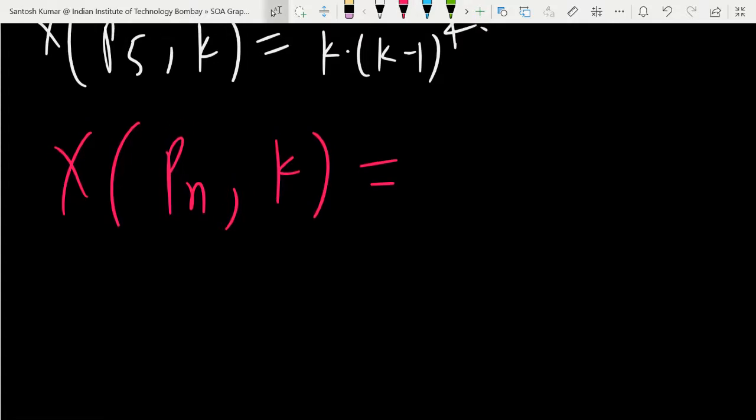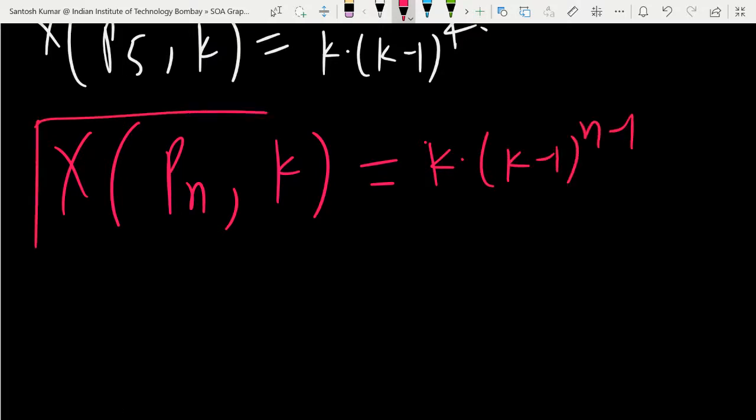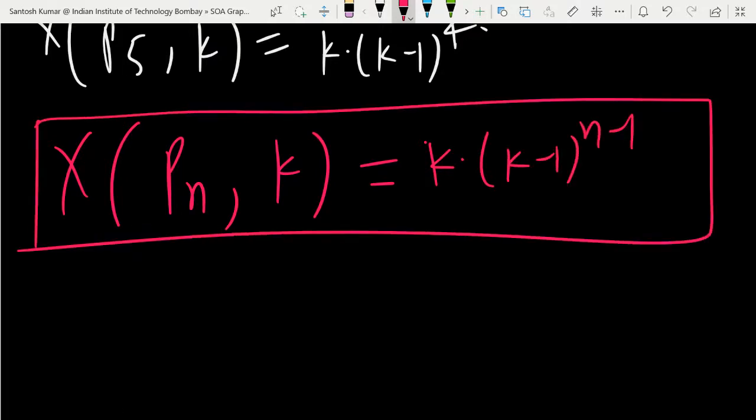Pn is a tree, so just tell me the answer. Yes, same answer, k into k minus 1 to the power n minus 1, because it satisfies the rule for the tree.